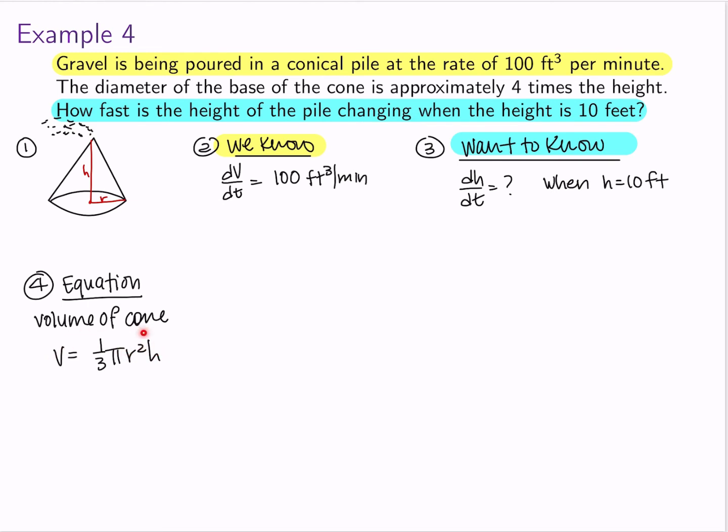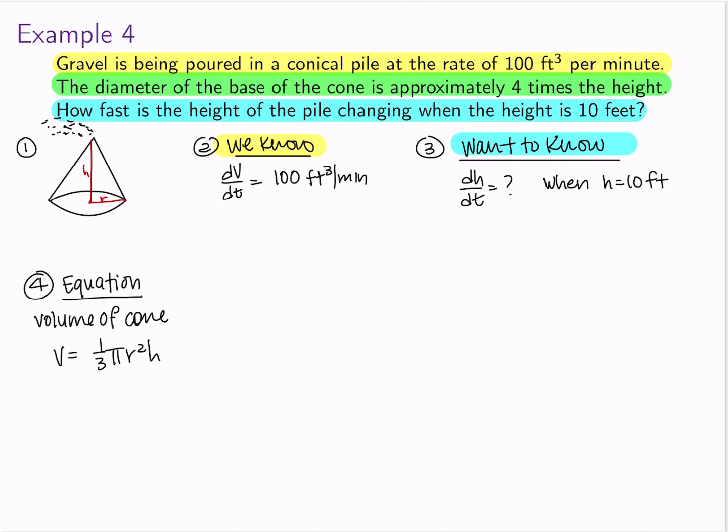So we see all of these changing, which is a little bit of an issue because when I come back to what I know and what I want to know, I know things about dV dt. I'm looking for dH dt, but I don't really know how R is changing. So this is where this third little piece of information in the middle is going to help us figure out some extra things going on.